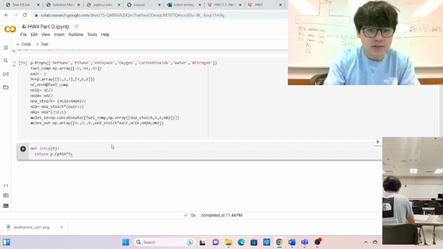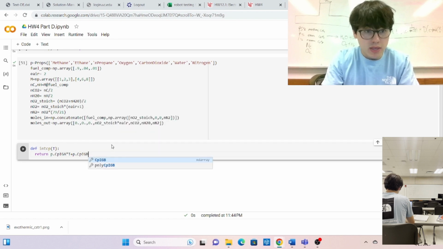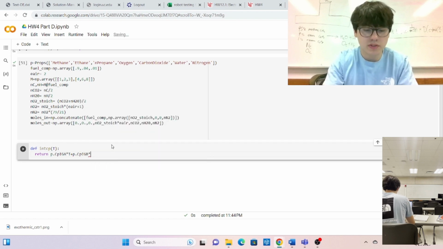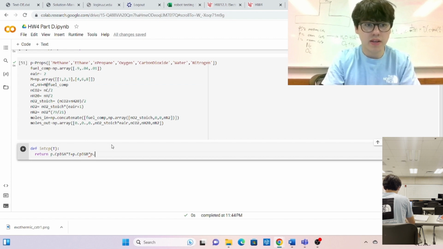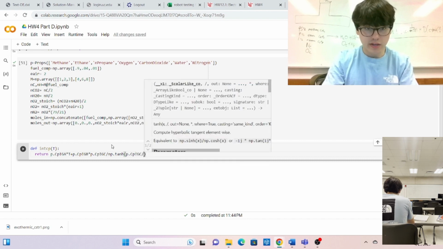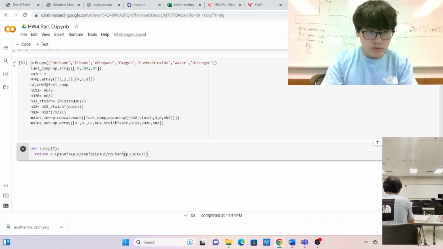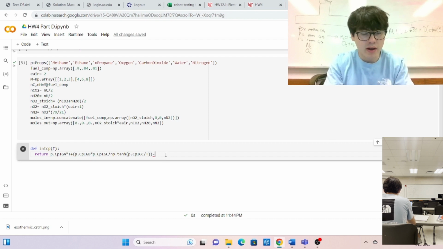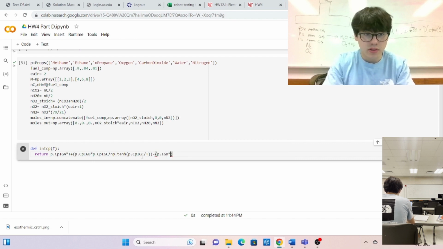A times T plus p.CP_IGB times p.CP_IGC divided by tanh, np.tanh of p.CP_IGC divided by T. Parentheses just for safekeeping, and then we subtracted from that D, p.IGD times this whole similar function here.